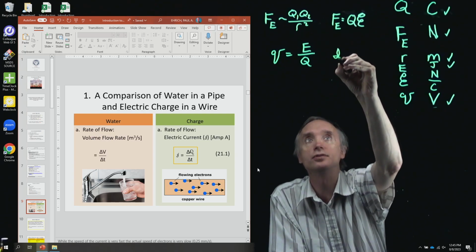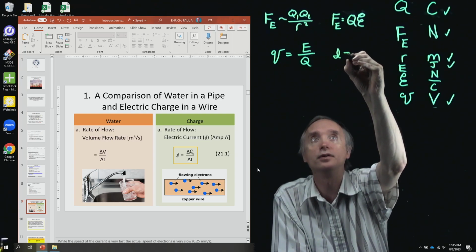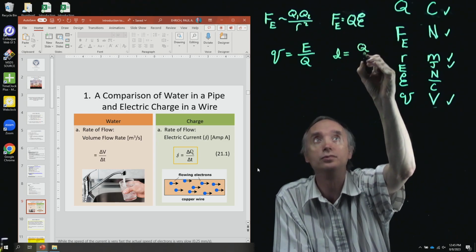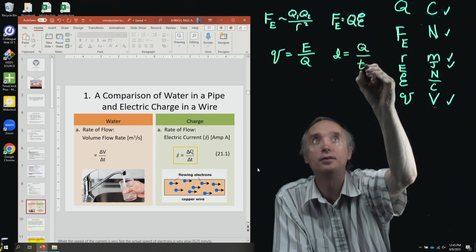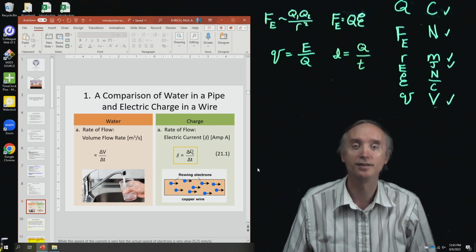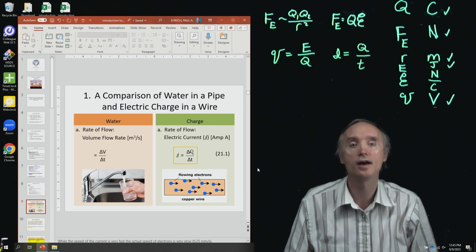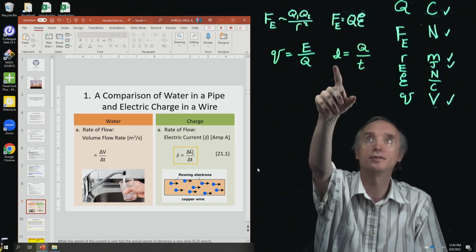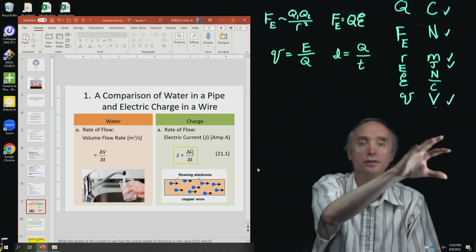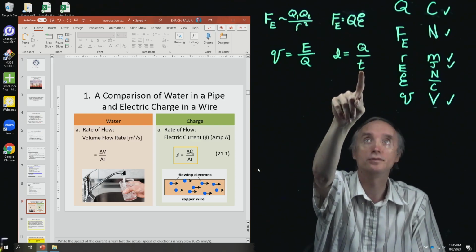The definition of electric current is the amount of charge Q per unit time. Now you don't have to put the triangles on there. It's just good form to do that, but I'll just leave it like this. It's the amount of charge Q that is flowing in a wire per unit time.